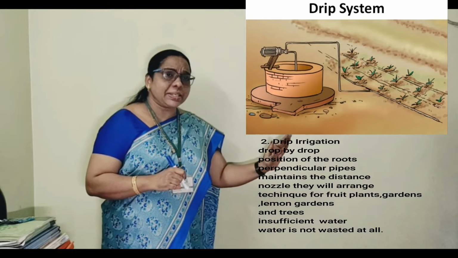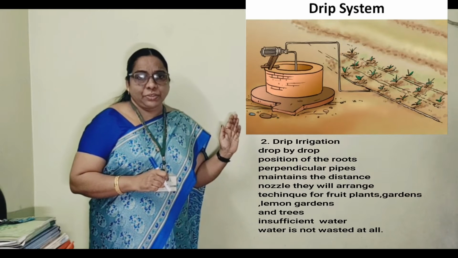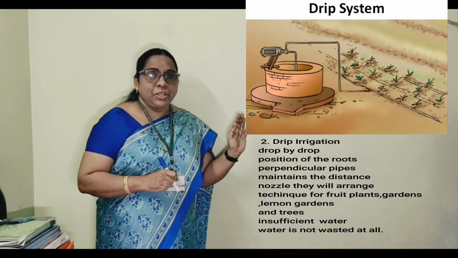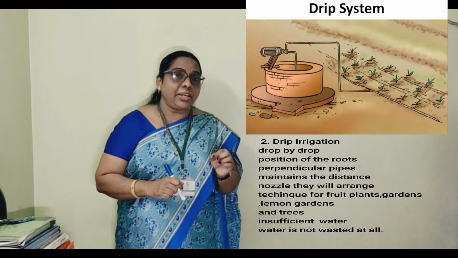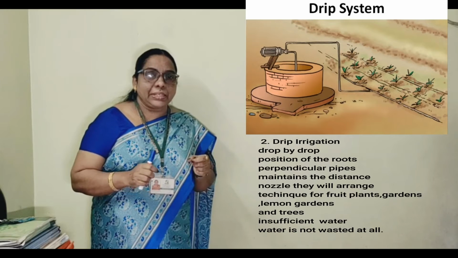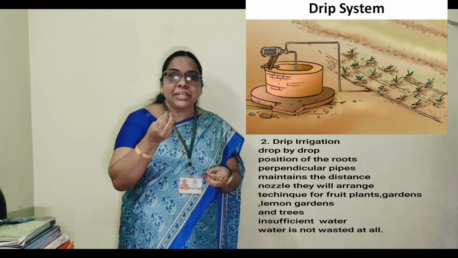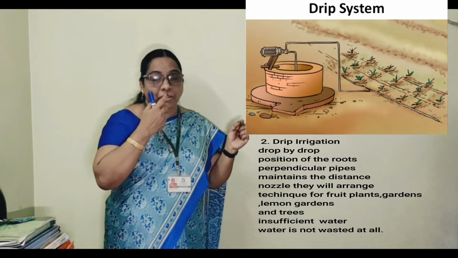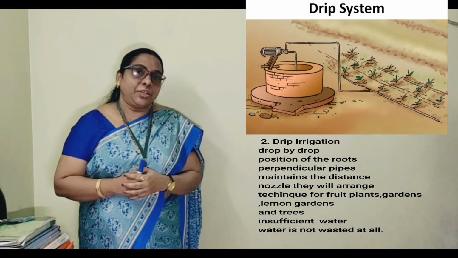This entire system, just like the sprinkler system, is connected to the main pipeline system. At regular intervals of time they open the pipeline in a restricted way, and a little water in the form of drops falls onto the position of the root.